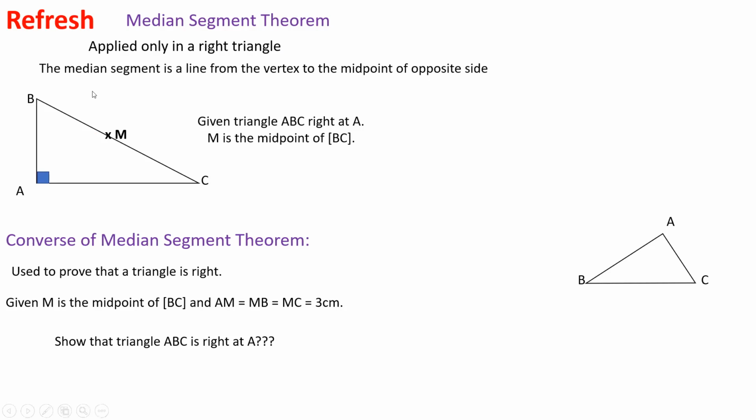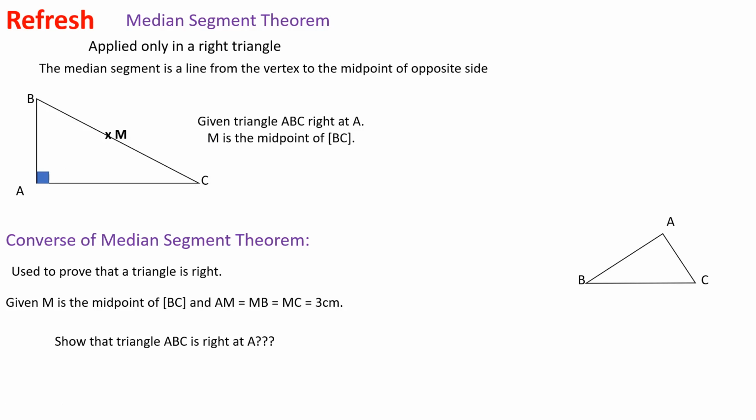As given, you have triangle ABC right at A, and M is the midpoint of BC. You know that side BC in the right triangle is called the hypotenuse. So the median segment theorem is relative to the hypotenuse in the right triangle. So now I'm given also M is the midpoint of the hypotenuse BC.